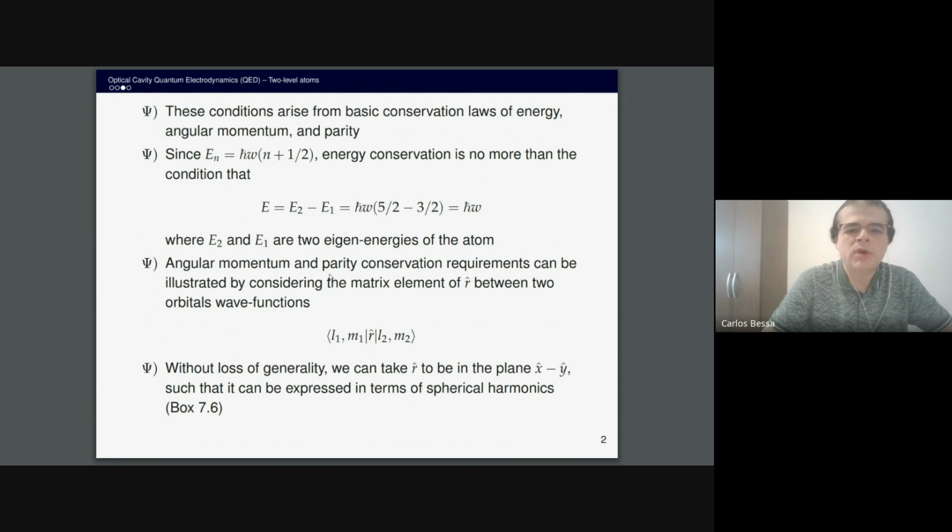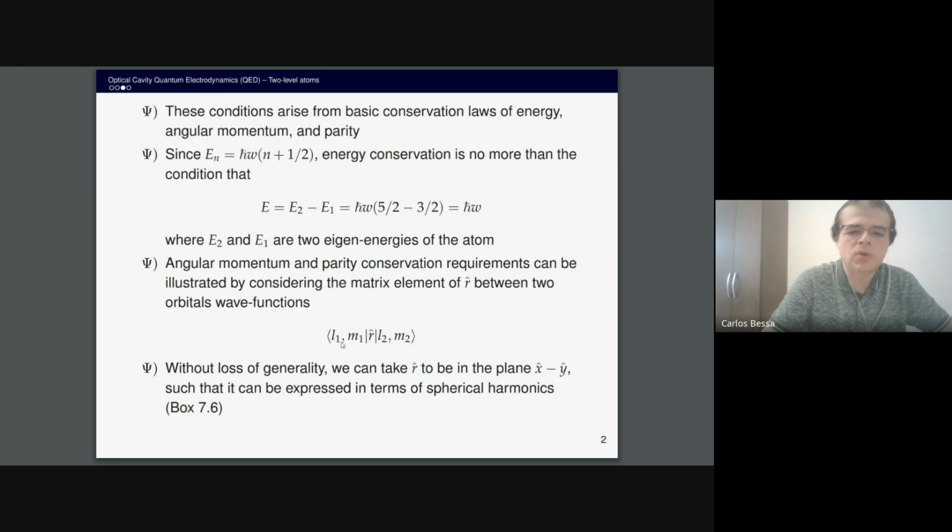Okay, angular momentum and parity conservation requirements can be illustrated by considering the matrix elements of this R operator, the position, between two orbital wave functions. The wave functions for orbitals are usually represented in this way, in terms of quantum numbers that we will comment on soon.